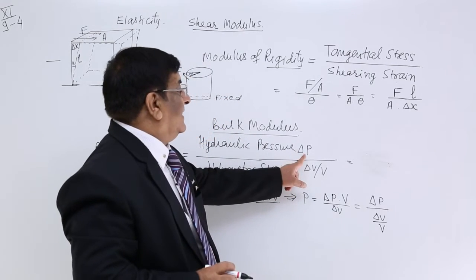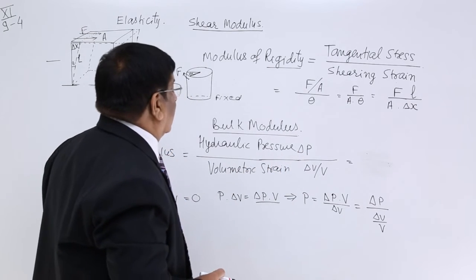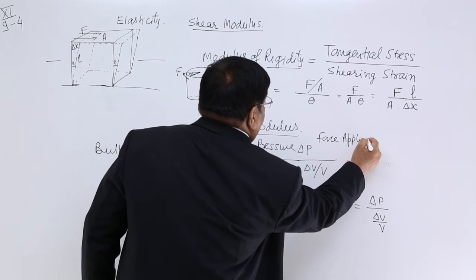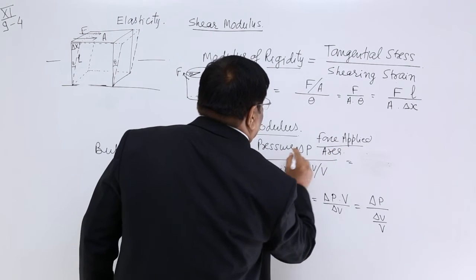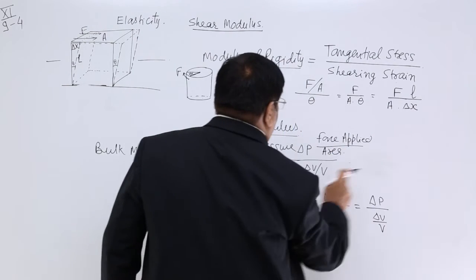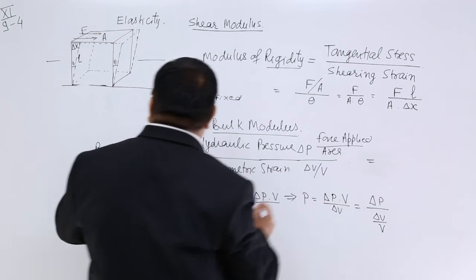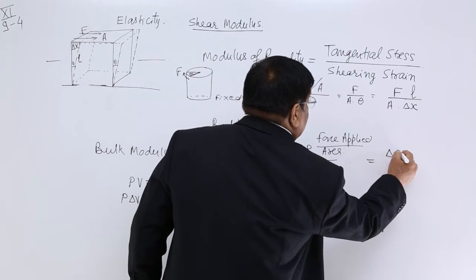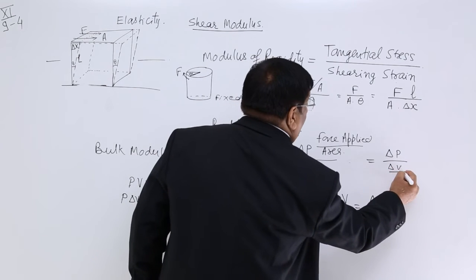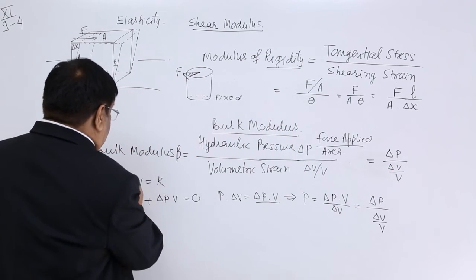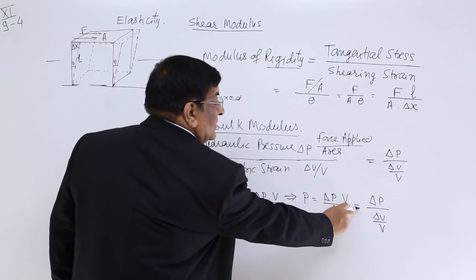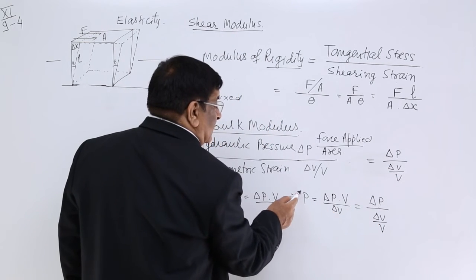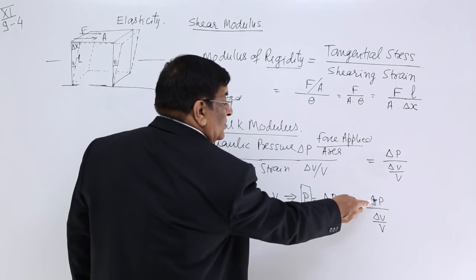So delta P represents the force applied per unit area, the hydraulic pressure, divided by the strain delta V by V. So our formula for bulk modulus B is delta P divided by delta V upon V. But just now we have proved that delta P upon delta V upon V is P.